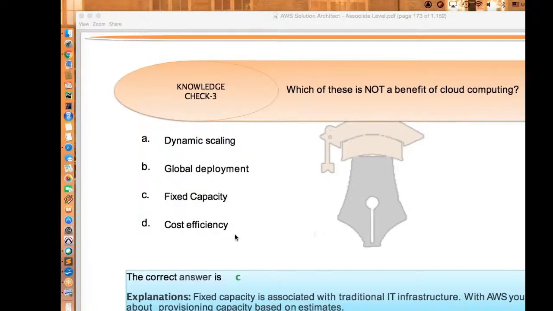I told you yesterday, if you're buying 500 TB of storage, whether you use it or not, you have to pay for that 500 TB in a single shot, right? If you are using only 1 TB and the remaining 499 TB is not in use, you are still paying for the 499 TB, which is not required. That's what we call fixed capacity. That is not a benefit of cloud computing.